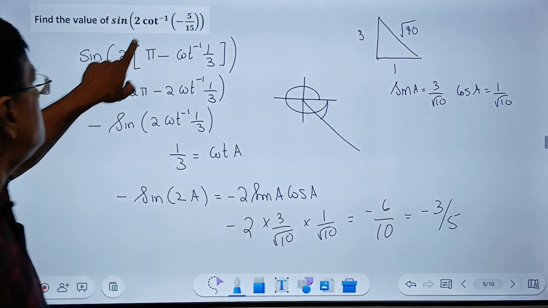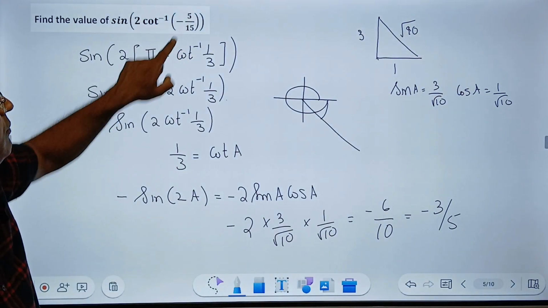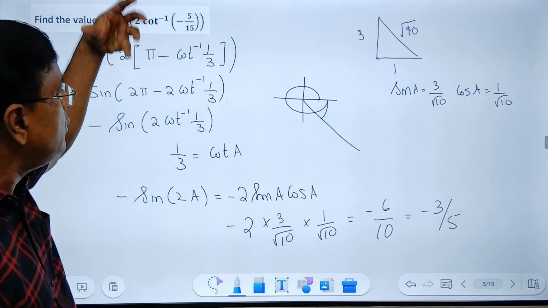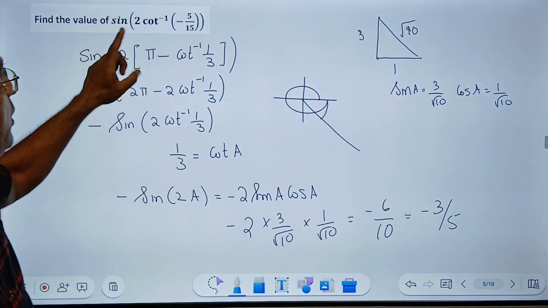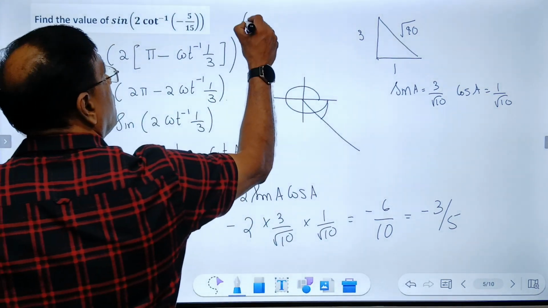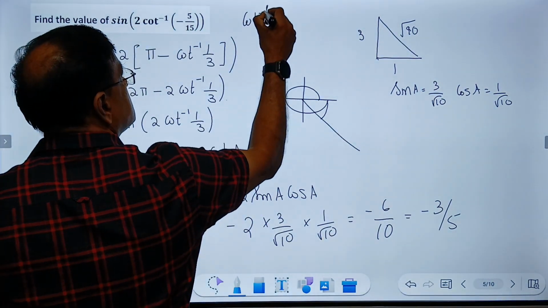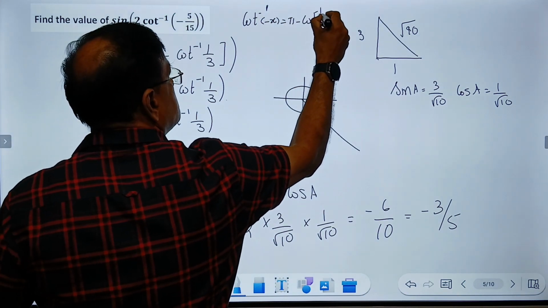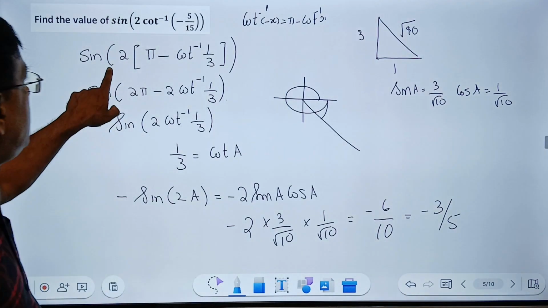Is it clear? So I don't want to put minus 1 by 3 as cot A, because it's negative. Then you have to think of quadrants. So to avoid that, I use the formula cot inverse of minus x is pi minus cot inverse of x. First I use that. After that I open the bracket.